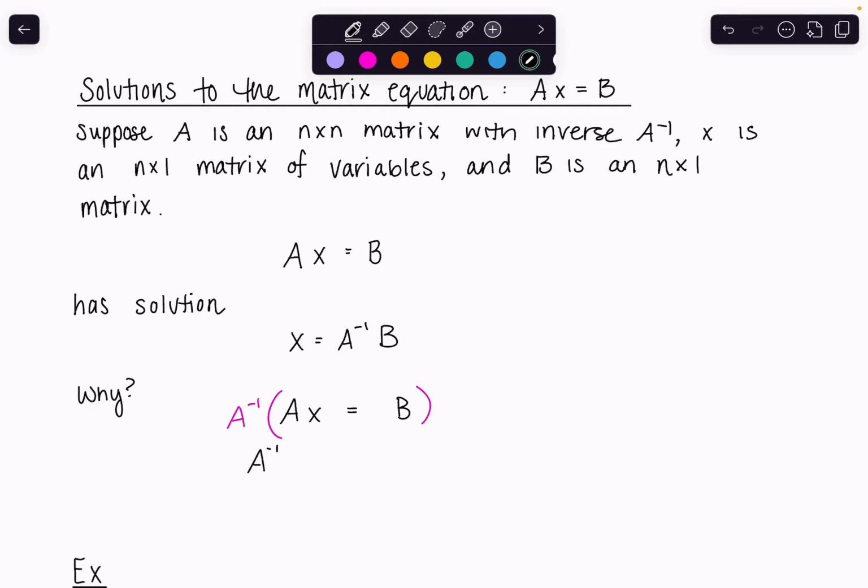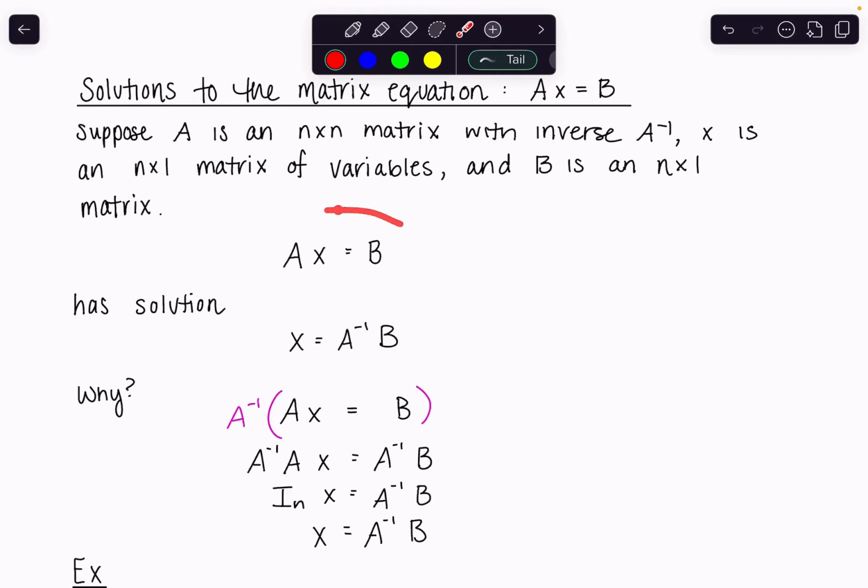So this is A inverse A times X, and then A inverse times B. Well, when I take a matrix and multiply it by its inverse, the result is the identity matrix. And the identity times anything is just itself, X. Okay?